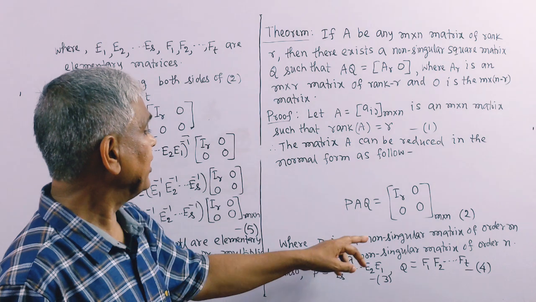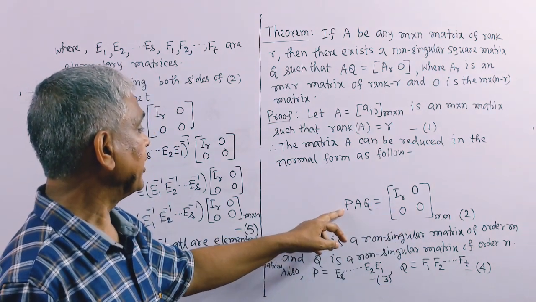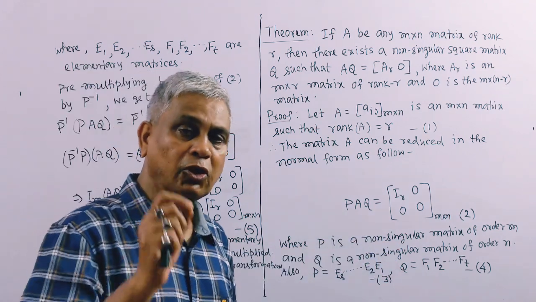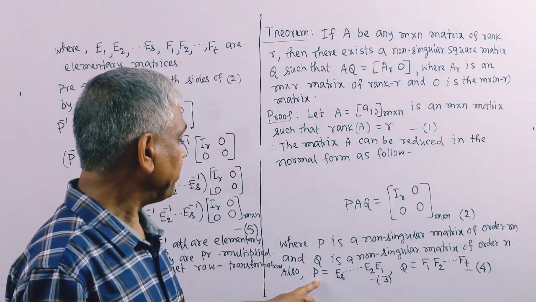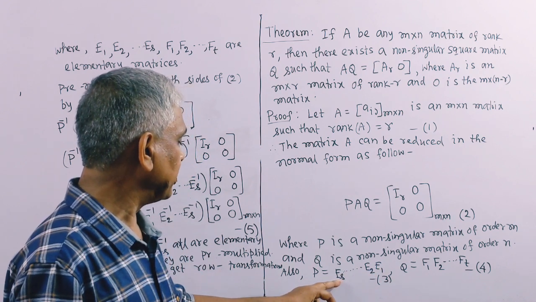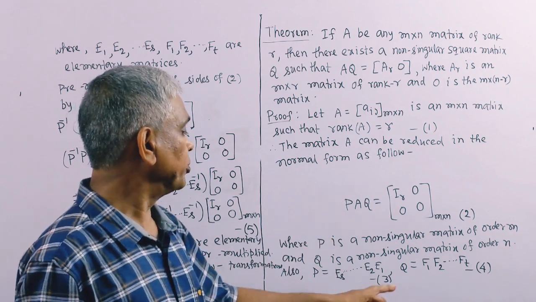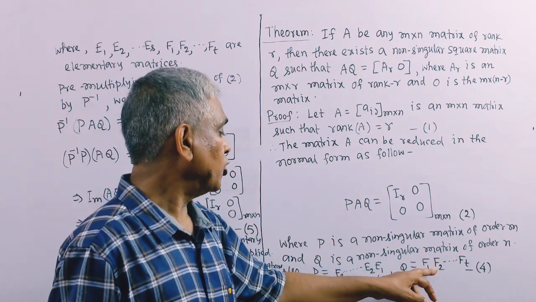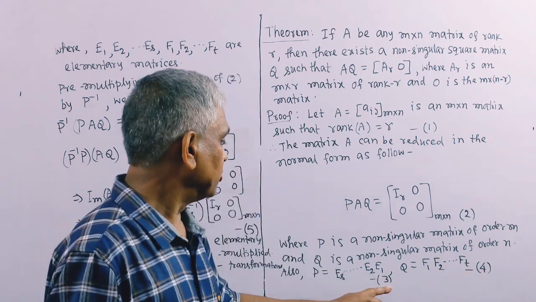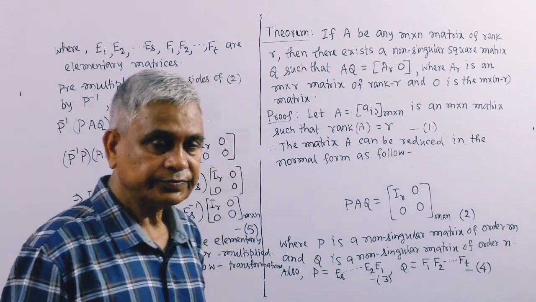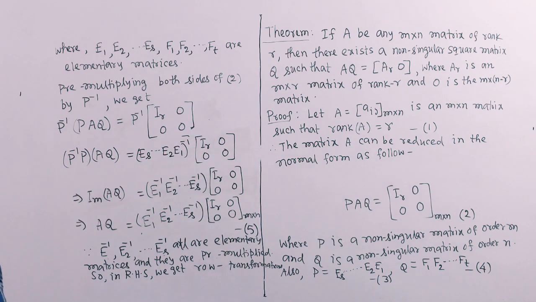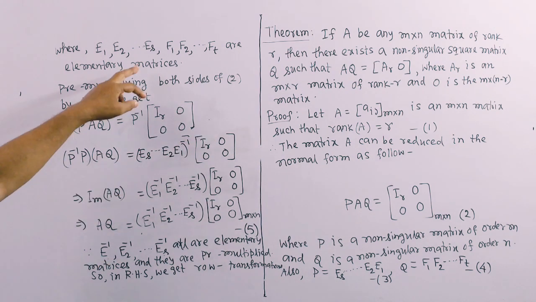Where P is a non-singular matrix of order m and Q is a non-singular matrix of order n. Also, P is the product of elementary matrices E1, E2 up to Es, and Q is the product of elementary matrices F1, F2 up to Ft. This is number 3, this is number 4, where E1, E2 up to Es, F1, F2 up to Ft are all elementary matrices.